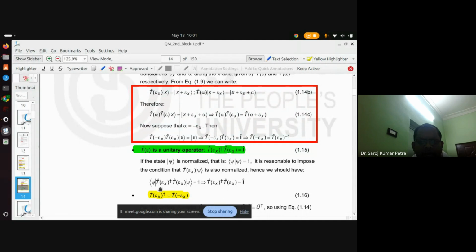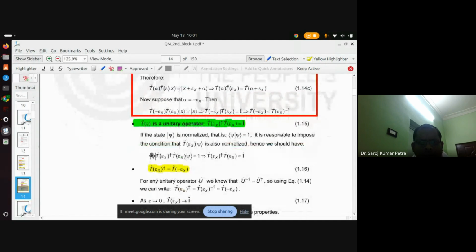Hence, we should have psi T epsilon x dagger T epsilon x psi must be equal to 1. I'm not sure if all of you are familiar with this, the quantum 1, just to remind you.